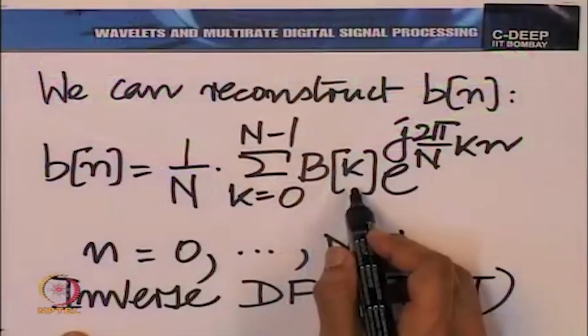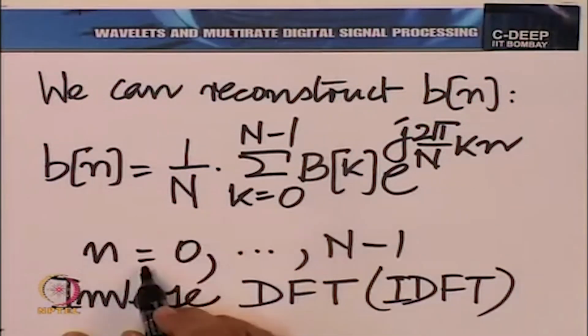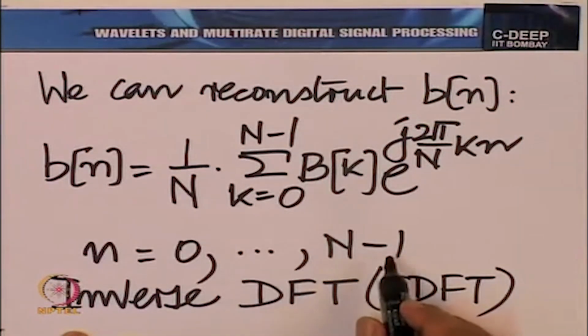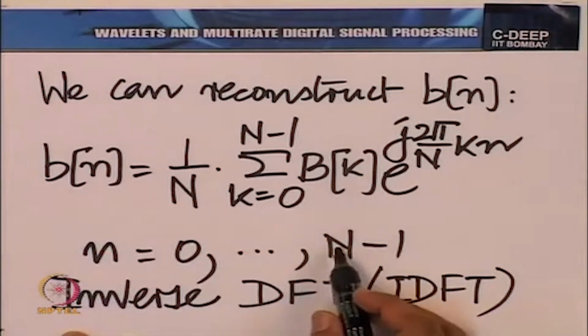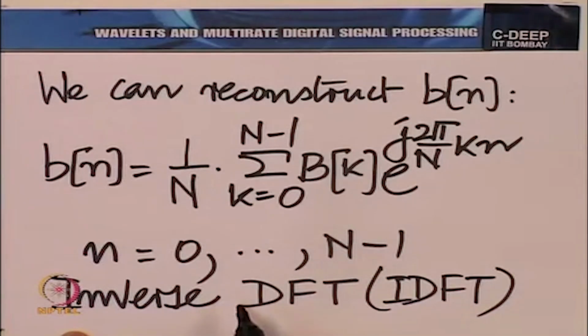Now, we can exploit this. What is to be noted here is that although we have talked about a limited sequence, you can periodically extend that sequence in capital N. Whatever expression we have here to reconstruct b n from capital B of k seems to work only at n equal to 0 to capital N minus 1, but even if you apply the same expression for all integer n, you get a periodically repeated sequence.